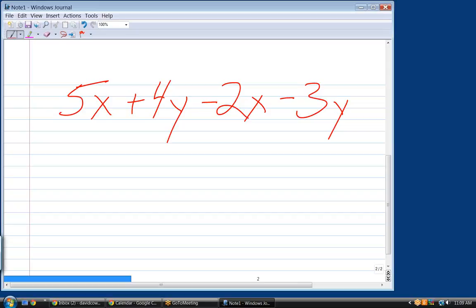Combine like terms. How many x's do we have in sum? 7 x's. Hold on. We got a plus 5, minus 2, 3 x's. Okay, so we have 3 x's. How many y's? 1 y. Correct. All right.